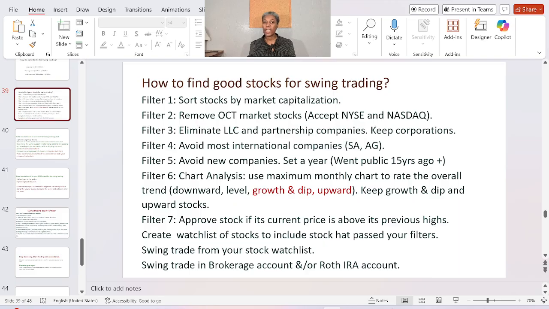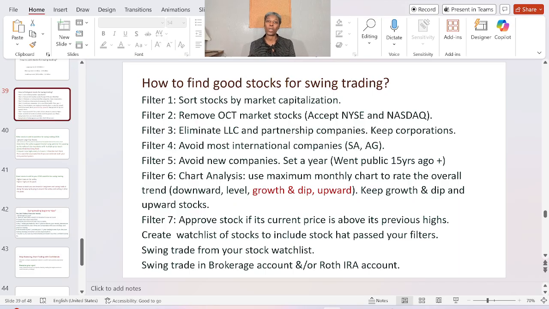And if it's an LLC or a partnership, you want to eliminate it as well. You want a corporation, and you don't want international company. Usually their entity name ends with SA or AJ. Again, it's just to stay with corporation.